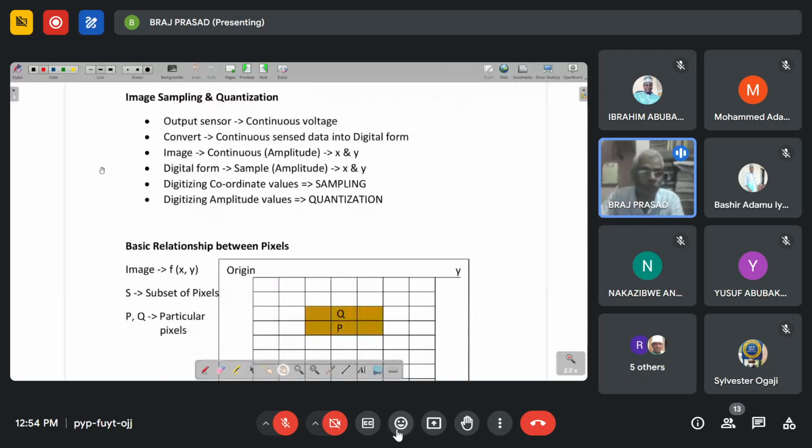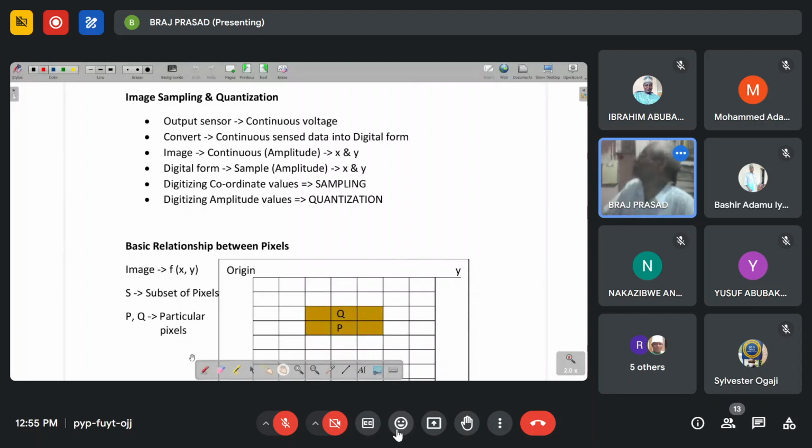Now we come to the place where we will find sampling and quantization: which algorithm is used to find the sampling of any object, and how we will quantize that image in a mathematical form or in real life for computer purposes. This is the concept.